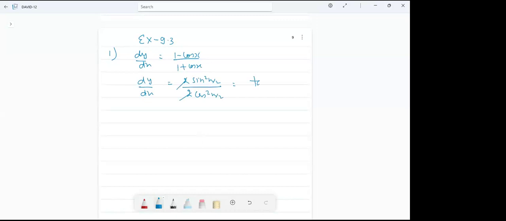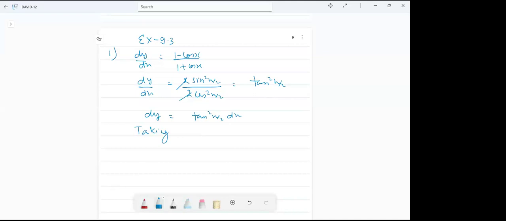Now we can use the identity: 1 minus cos x is 2 sine square x by 2.